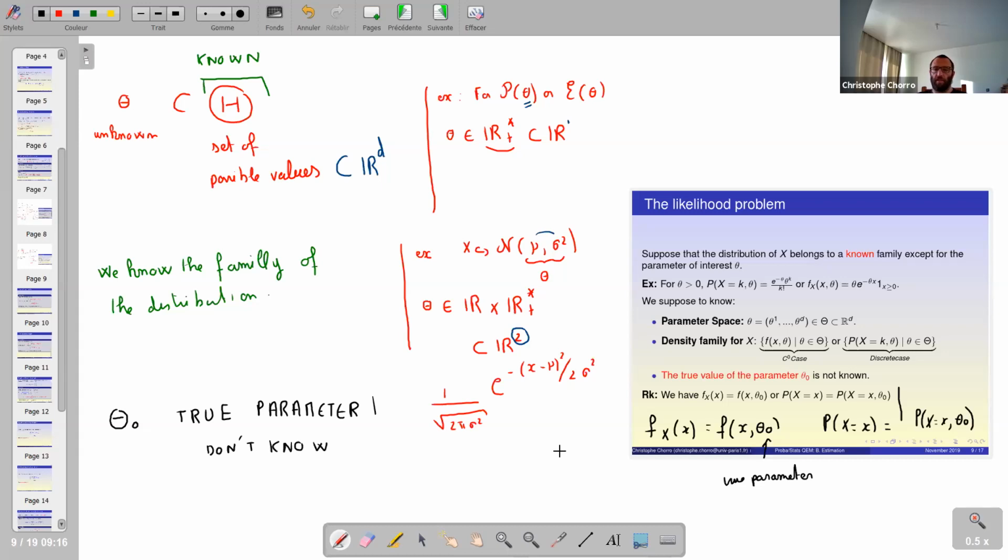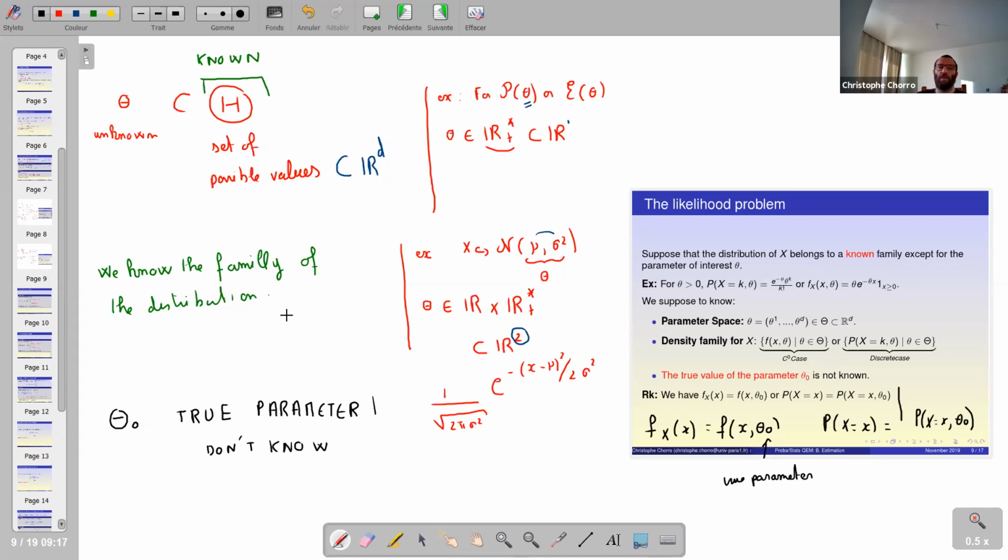I know the set of the possible values for my parameter, that is a subset of R to the power D. Here I have examples for D equal to 1, and here an example for D equal to 2. I know the family of the distribution of capital X, for example, whether it follows an exponential, a Poisson, a Gaussian, a gamma, and so on.